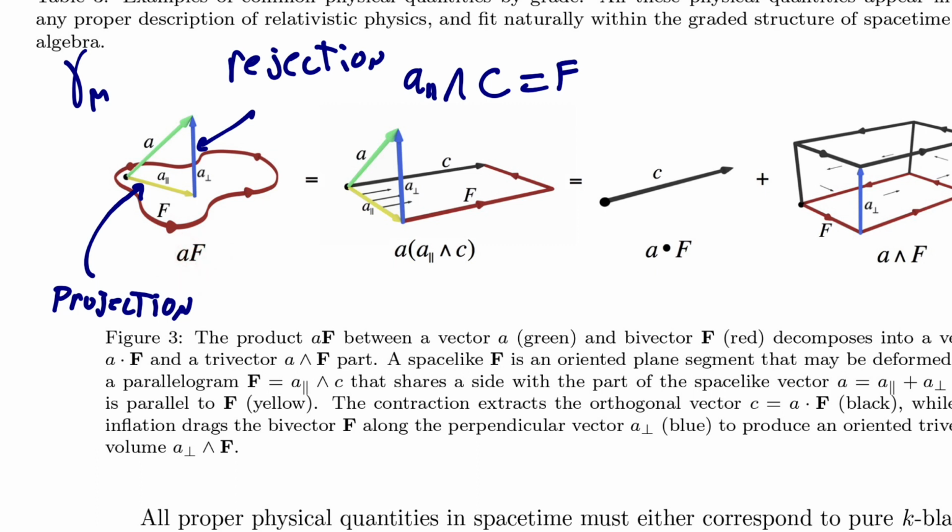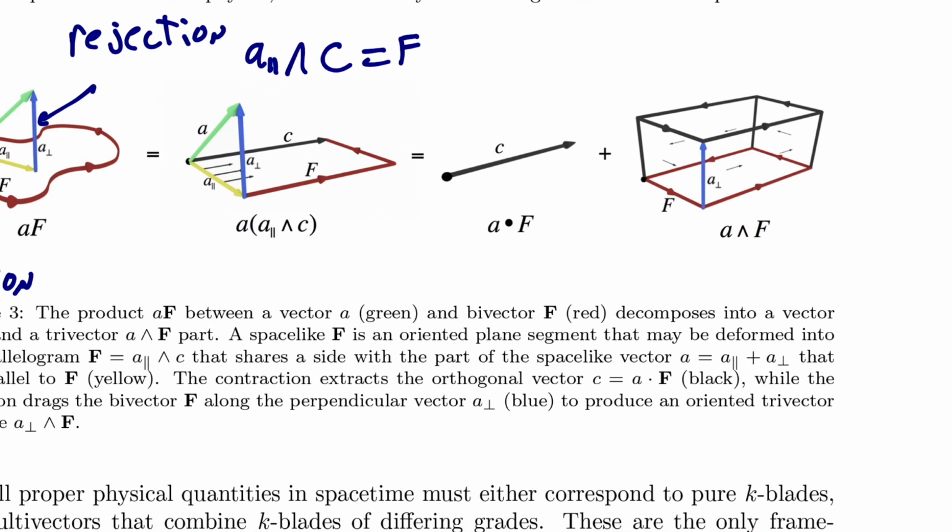That's really easy to do. So now I'm talking about the space-time product of A with the projection of A wedged with this new vector C that's defined such that the area of A parallel wedge C is equal to the area of F.